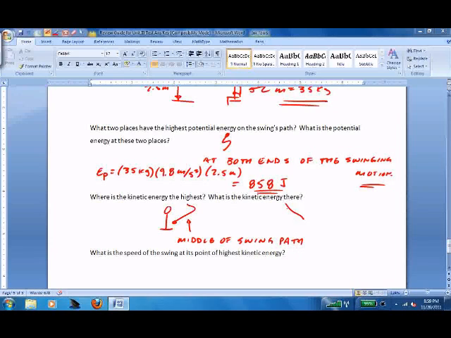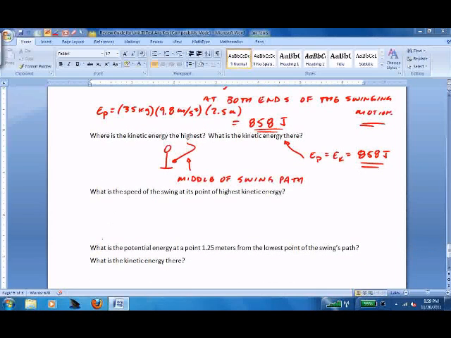And the kinetic energy there, well, the law of conservation of energy says that the potential energy at the top is equal to the kinetic energy at the bottom. So we have 858 joules. And what is the velocity at that point? Well, 858 joules.